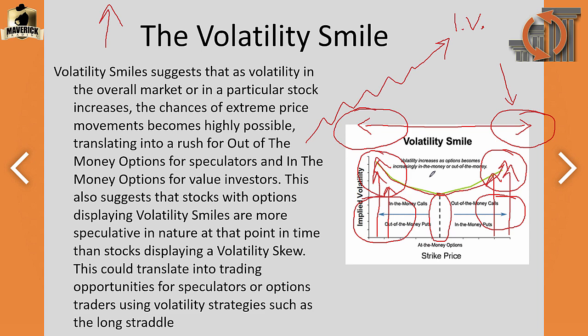So when I see that, I want to choose strategies that benefit from potential big moves and strategies that have limited risk if a move goes against me. If I see a flat volatility smile, it's telling me that I probably want to be more sideways on the stock, that there is not much expectation for a large move. So I want to be looking at probably some more stagnant strategies.